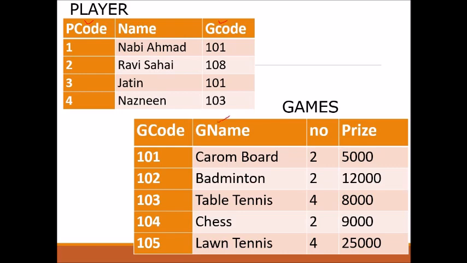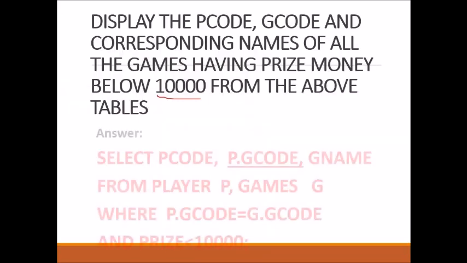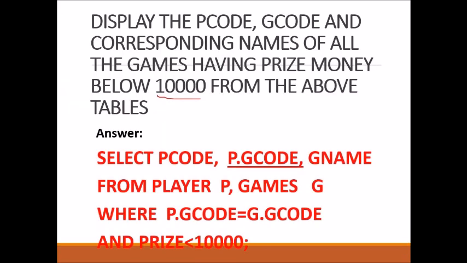So it means you require both the tables, so join is required. So from player comma games you have to write. So see the answer. Select P code comma P dot G code comma G name from the two tables are required, where P dot G code is equal to G dot G code.